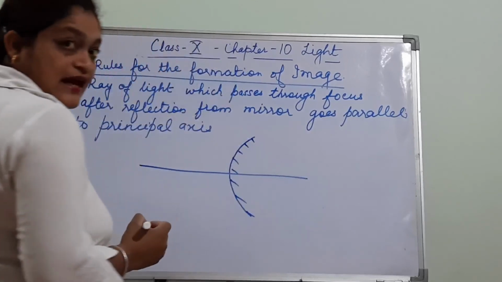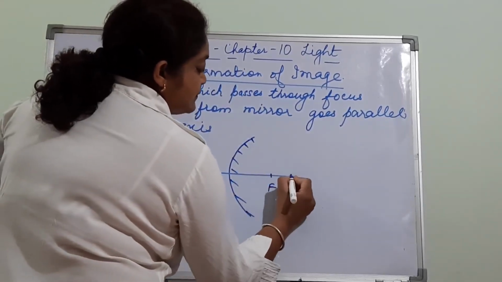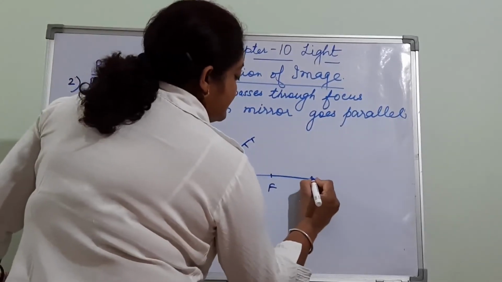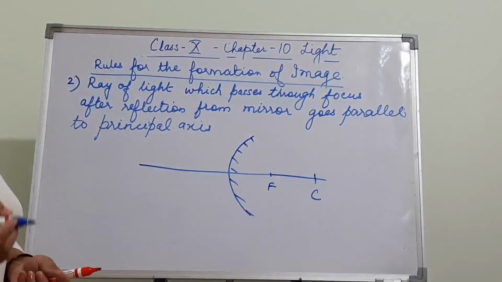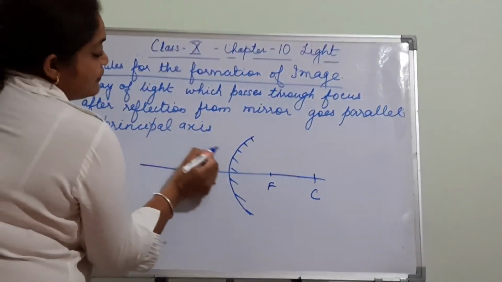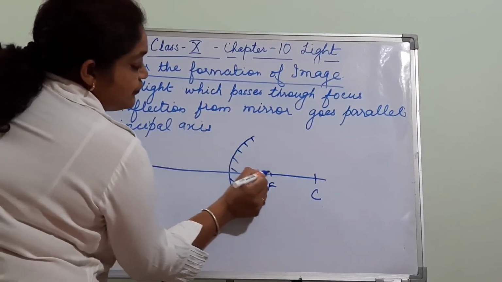This is principal axis. This is focus, and this is center of curvature. Now we will assume an incident ray which is passing through focus.